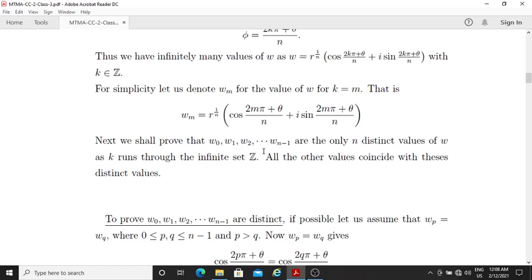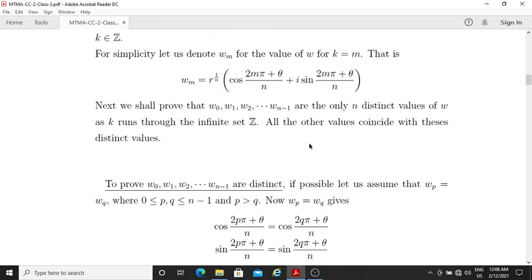These are the only n distinct values of w possible, even if k runs over an infinite set of integers. Okay, so to prove that, first we have to prove two things: n distinct values, and they are all.